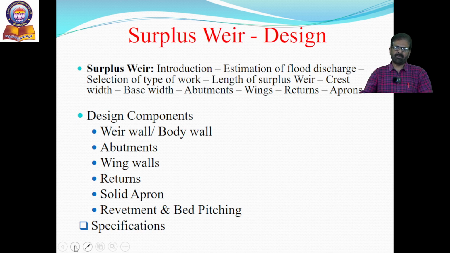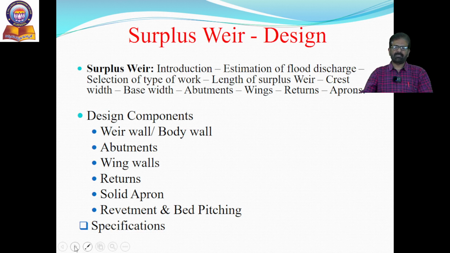Say, for example, a particular tank has a certain storage capacity. If water enters the tank beyond that capacity, the surplus water or flood water has to be discharged downstream smoothly and safely, for which a structure is required. The structure is called the surplus weir.